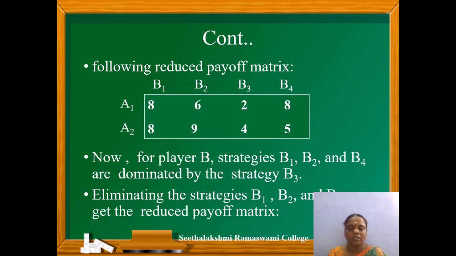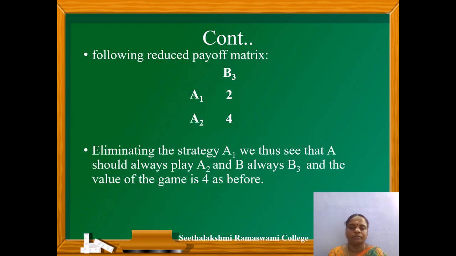So eliminating the strategies B1, B2 and B4, we get the following reduced payoff matrix. In this matrix, we eliminate strategy A1, as A1 is dominated by A2. So we see that A should always play A2 and player B should always play B3. And the value of the game is 4 as before.